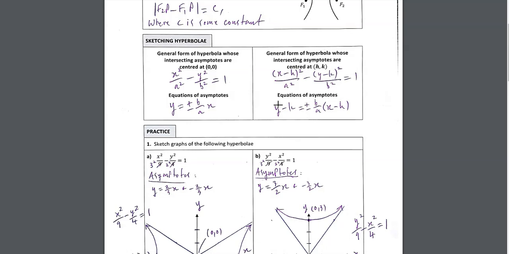Well, the first thing to say is that hyperbolae have asymptotes. They have two asymptotes each, and those two asymptotes are diagonal and they intersect each other. So if we have two asymptotes intersecting one another, that's considered the center of the hyperbola.